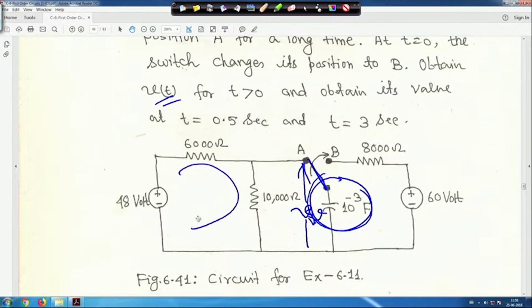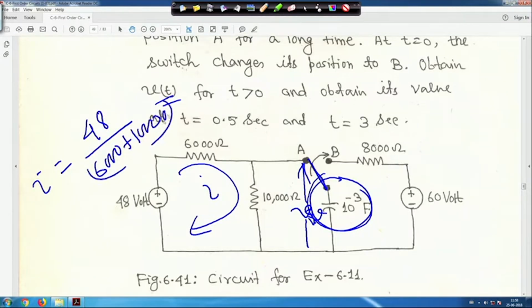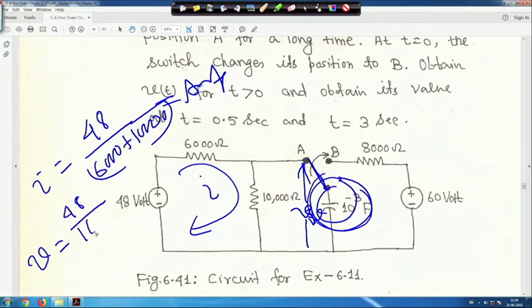So first you find out what is the current here. The current through this is I, and I is equal to 48 divided by 6000 plus 10,000 ampere. Then the voltage across the capacitor: because the capacitor is open circuit, V is equal to this current, 48 over 6000 plus 10,000, which is 16,000, into 10,000 volt.